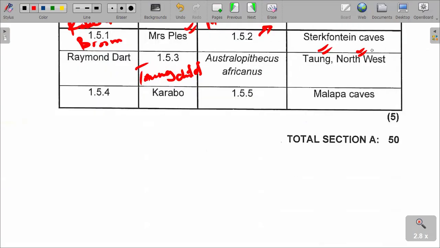And then we have Karabo, 1.5.4. We say this was discovered by Matthew Berger. Matthew Berger discovered Karabo, and it was Australopithecus sediba.